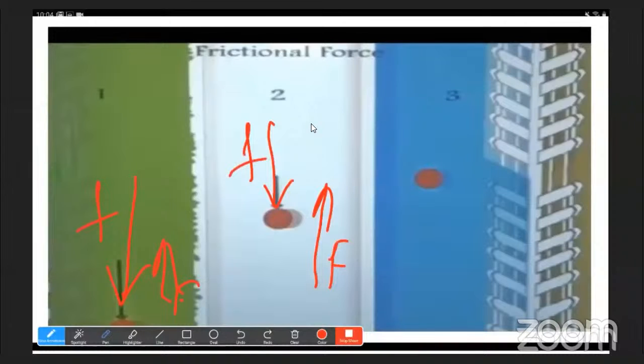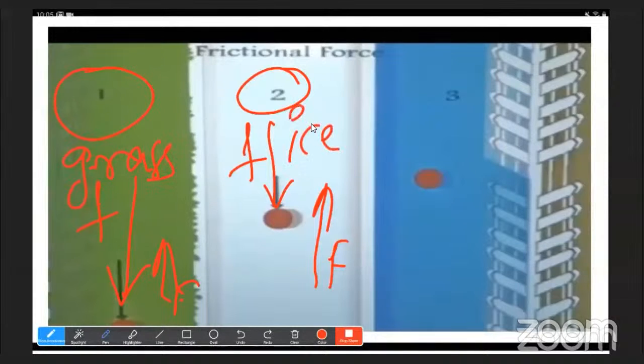Now, why was it that the ball moved a greater distance on surface 2 as compared to surface 1? This is because the frictional force acting on the ball on surface 2 was less than on surface 1. Surface 1 is the grass surface and surface 2 is the ice surface.